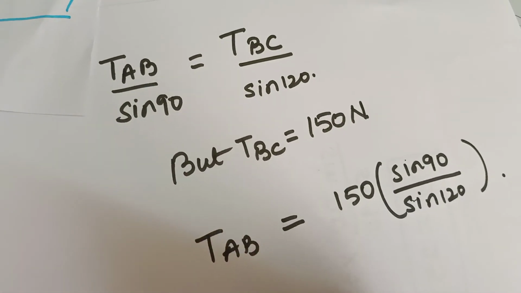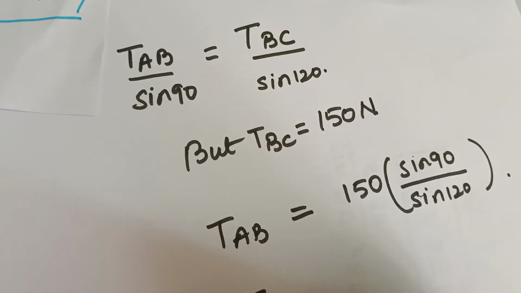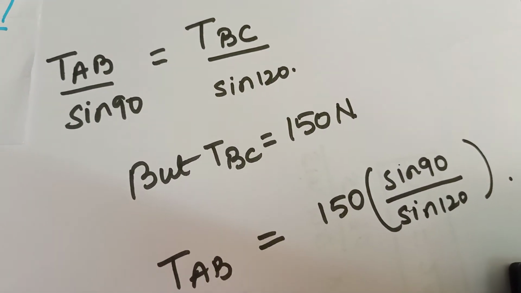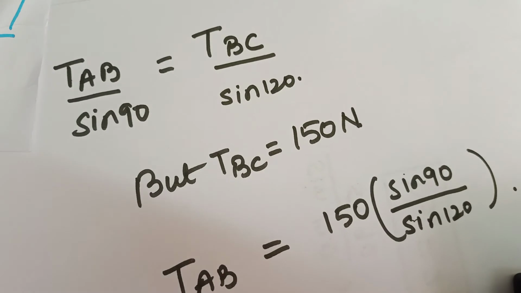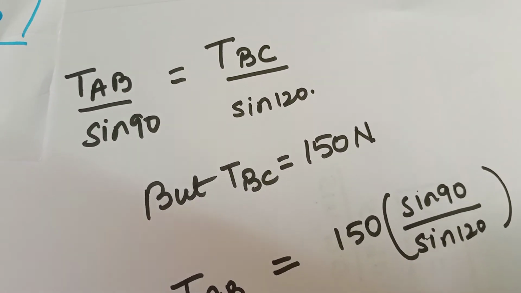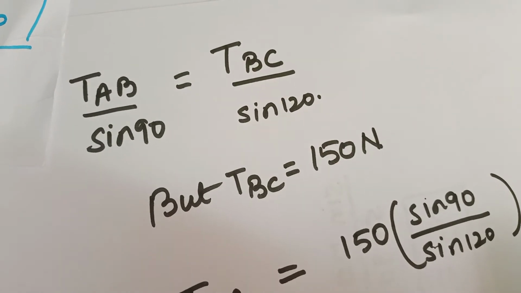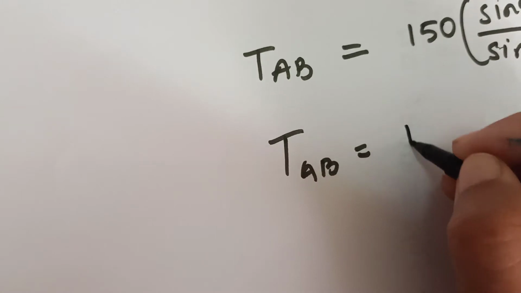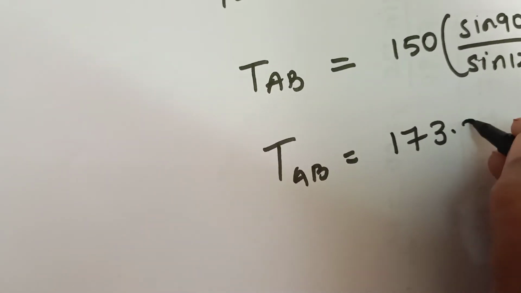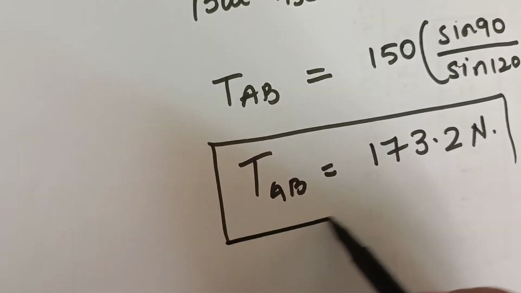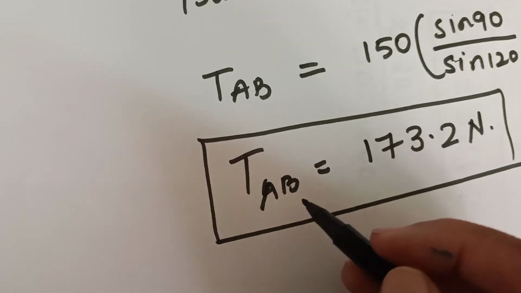So TAB comes out to be 173.2 newtons. So we have calculated TAB.